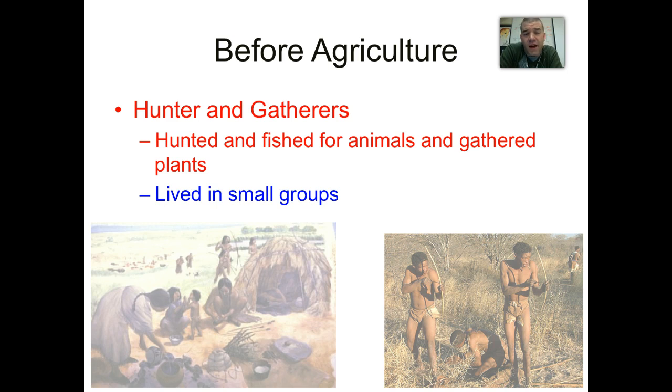But basically, they hunted and fished or gathered plants, berries, other naturally growing foods, and then moved on when those resources were exhausted. And because they were constantly on the move, and because they would basically consume things to exhaustion, these groups were generally 50 people or less. And they, again, migrated with the animals, migrated with the seasons, migrated to different areas based on what was available at the time.